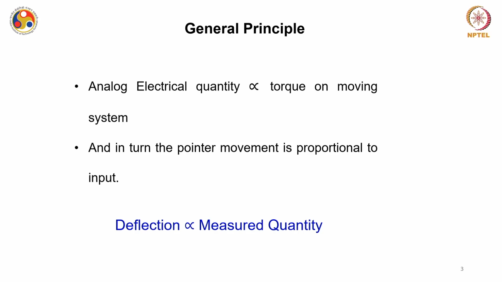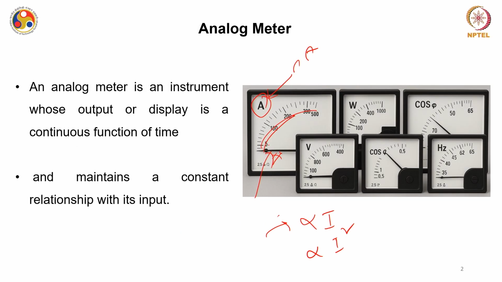So, basically the deflection in these analog meters, in general, I am talking about, we will see specifically what happens in a particular analog meter, but in general the deflection is directly proportional to the measured quantity. And when I say the deflection, I mean the deflection of this pointer.